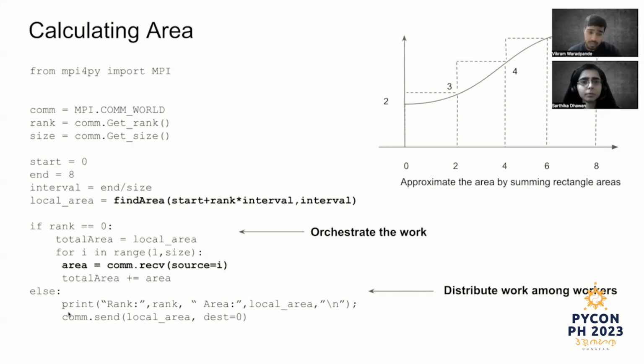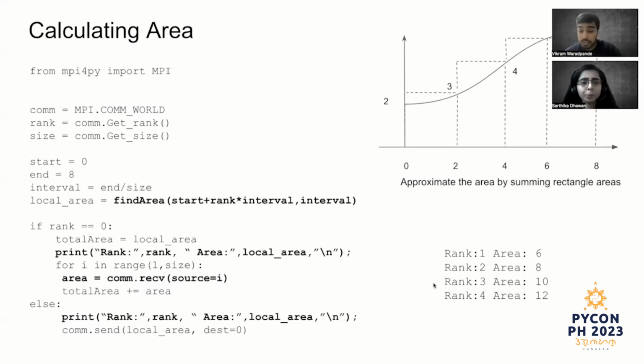So imagine it in the reverse order: processes 1, 2, 3 send their local area to rank 0. Rank 0 already has its own area, and then it receives the messages and adds the other areas into its own area. Then you can add a print statement here, meaning you'll print out the total area. So rank 1 computed an area of 6, and then 8, 10, and 12 for the other ranks. So this is how it would work.